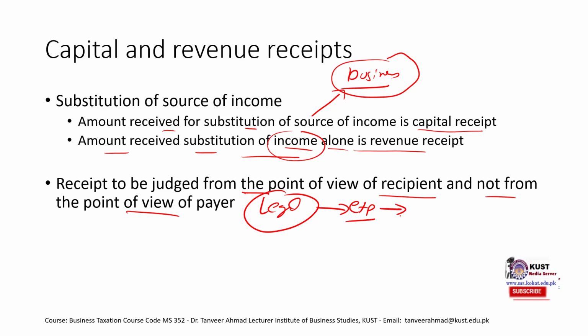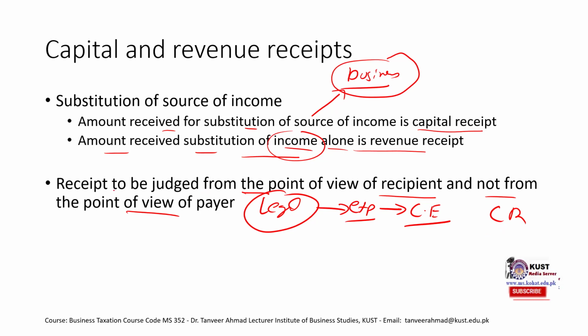From our previous lecture, we know any expenditure incurred on the initiation of the business would be called capital expenditure, right? But this is for the organization that is paying the amount, but what about the organization that is receiving the amount?